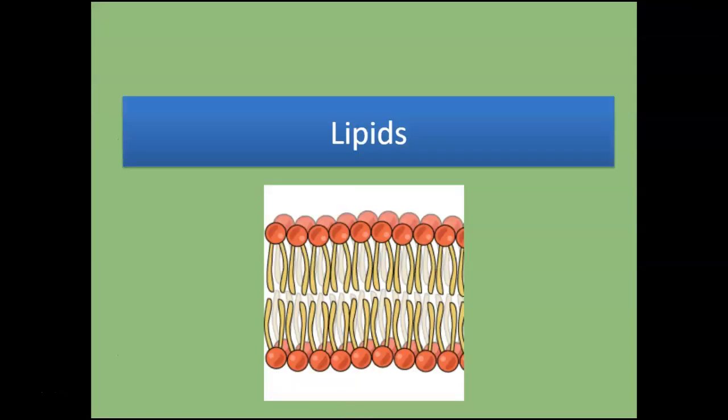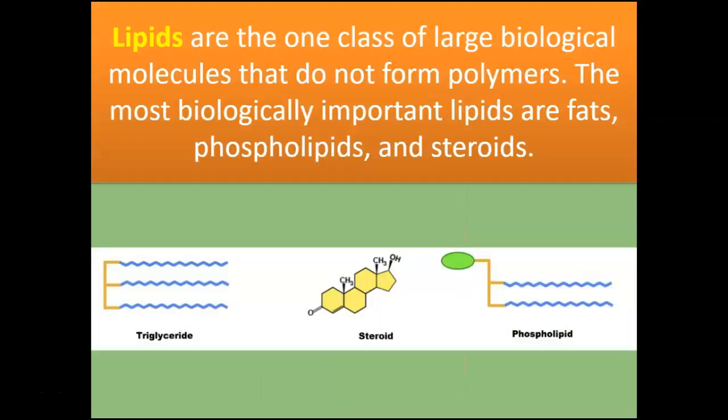The next biomolecule are lipids. Lipids are the one class of large biological molecules that do not form polymers. The most biologically important lipids are fats, phospholipids, and steroids.